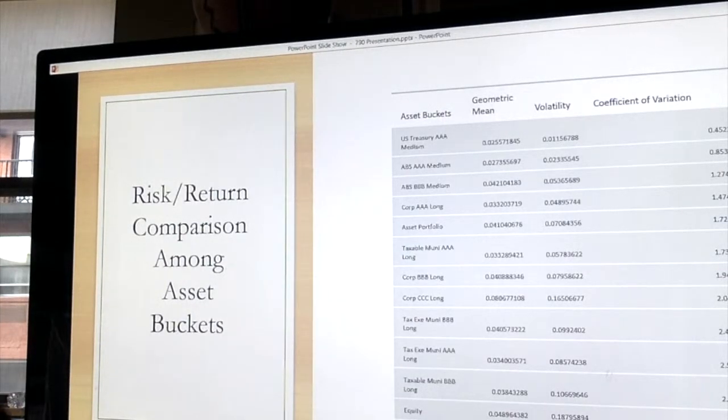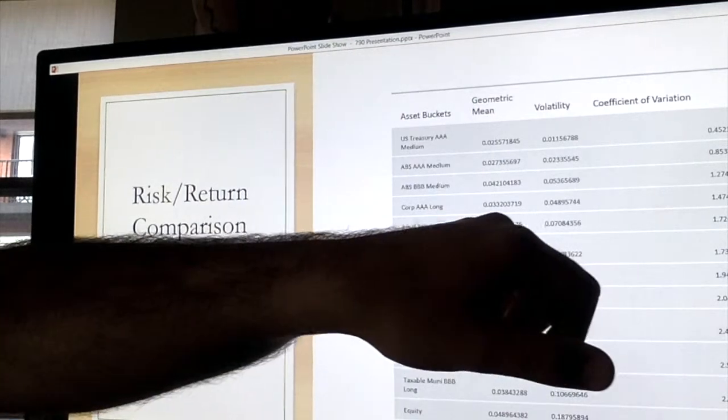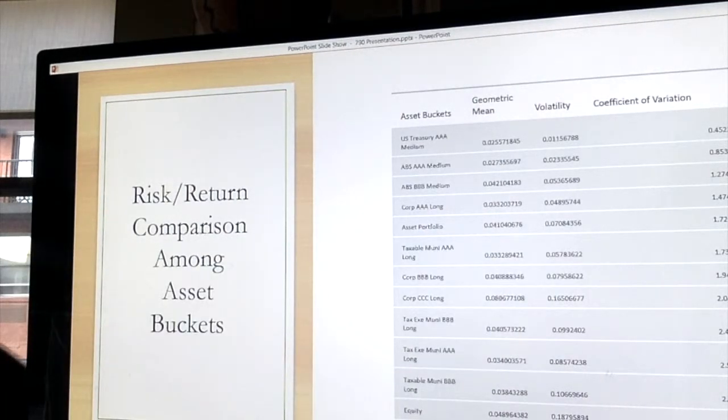First of all, our average asset portfolio's risk-return coefficient of variation is 1.72. The geometric mean is 4.1%, and the volatility is 7%. I use the classical standard deviation approach for the volatility.